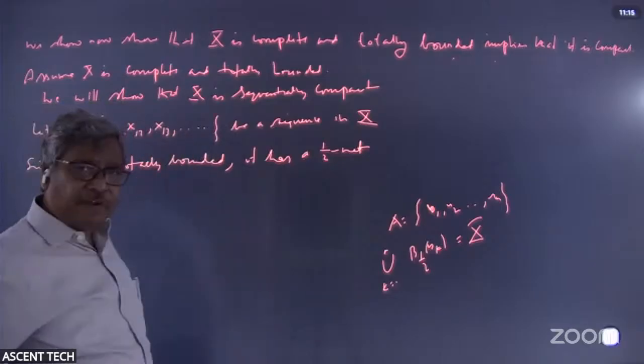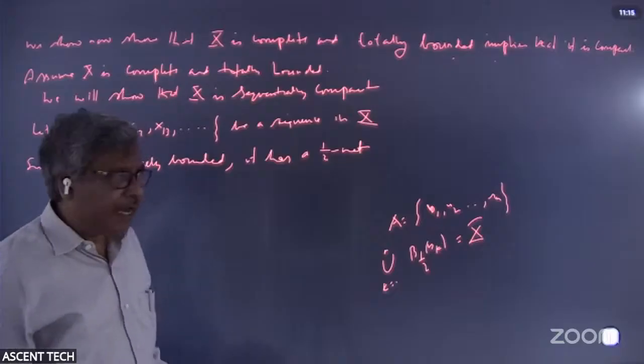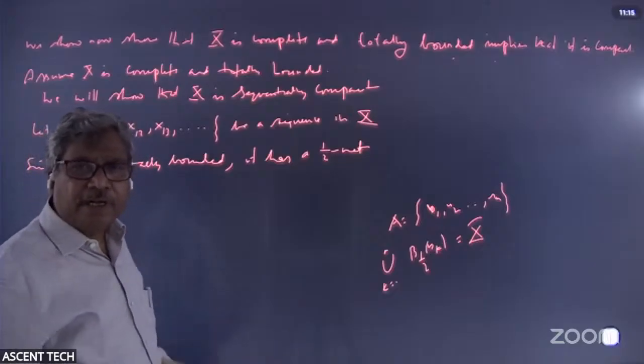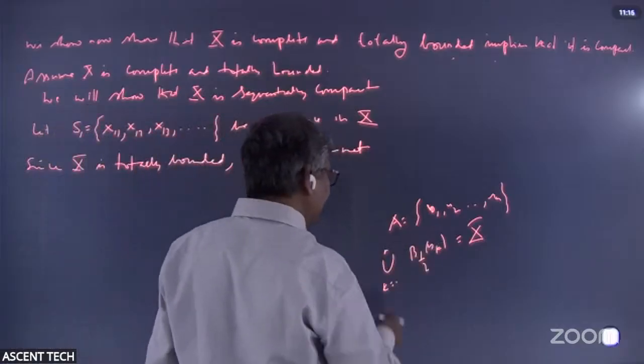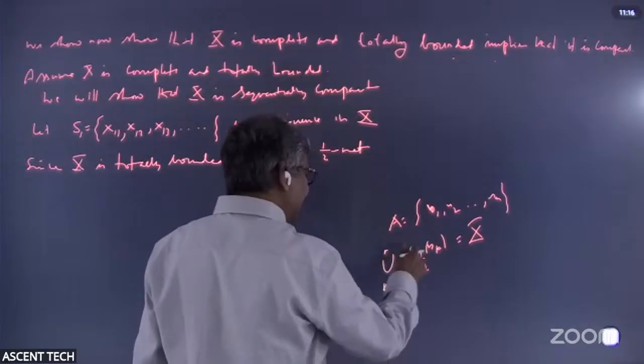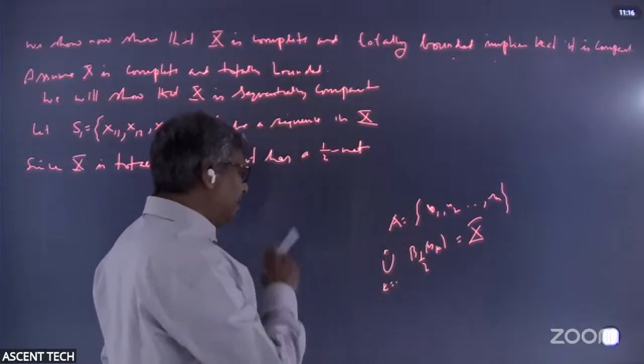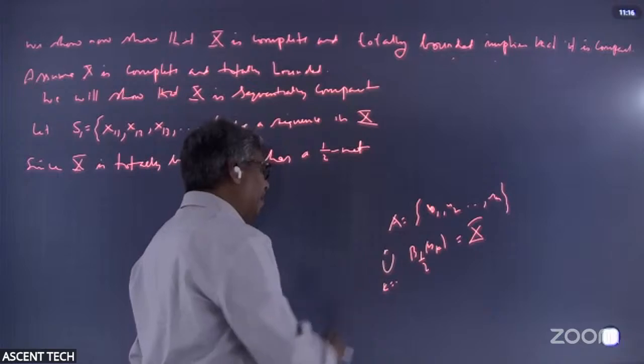If any element repeats infinitely many times, that's already a convergence of the sequence. If not, then infinitely many of them will lie in X, but that is a union of finitely many balls. So infinitely many of them should lie in one of the balls.